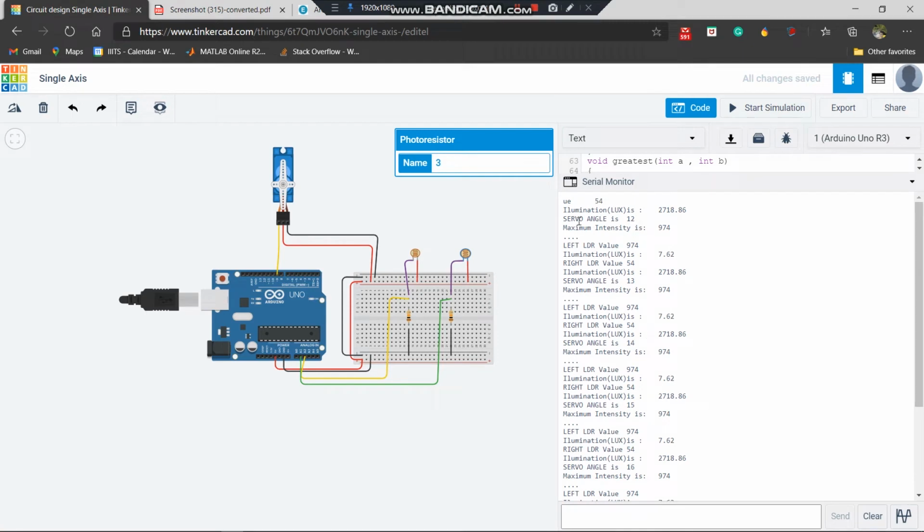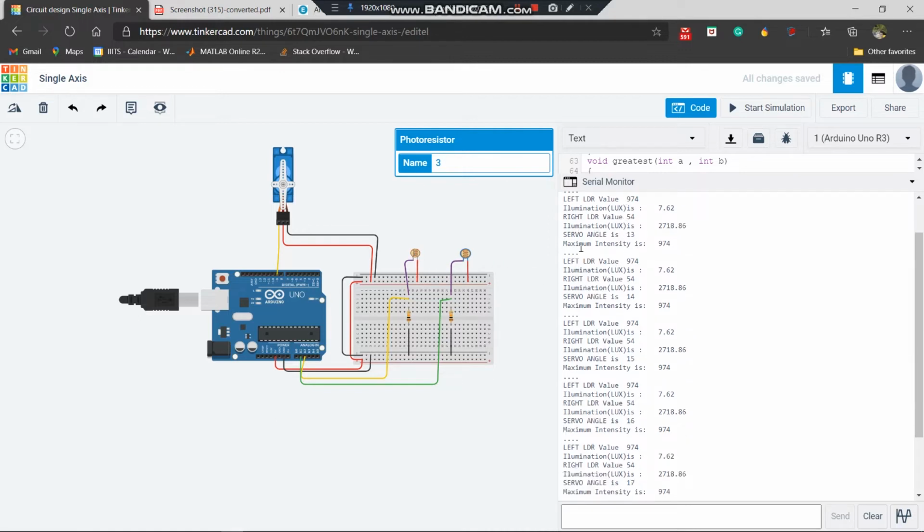We can see the servo angle increasing to 12, 13, 14 and 15, and we are also printing the LDR values of both LDRs and the elimination value of the LDRs and the maximum intensity picked by these LDRs in this simulation period.